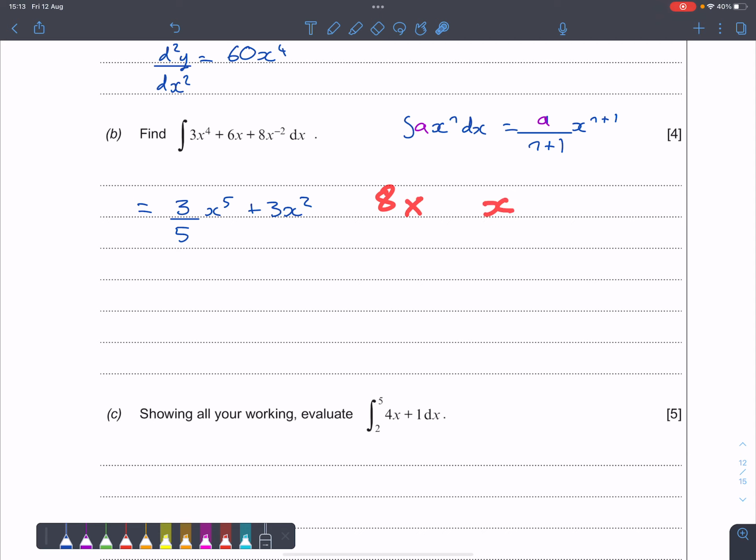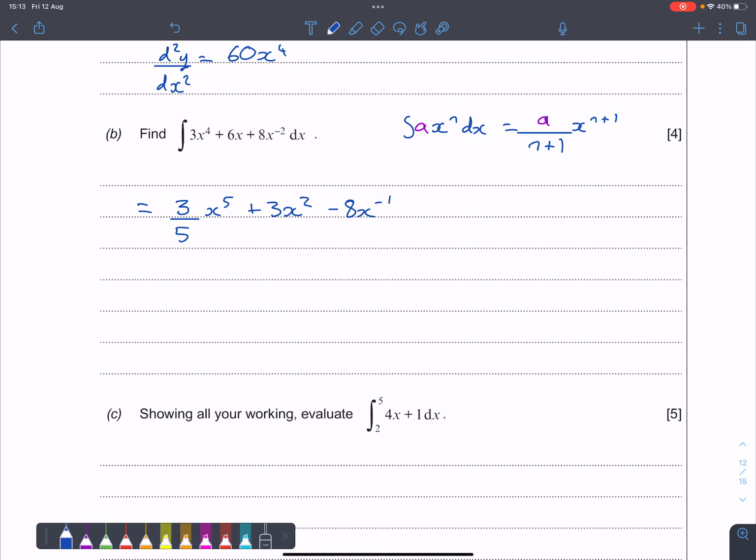So we raise the power by 1, and then divide by that power. So we end up with 8 multiplied by 1, which is 8, divided by negative 1 is negative 8, x to the negative 1. So negative 8 x to the negative 1.